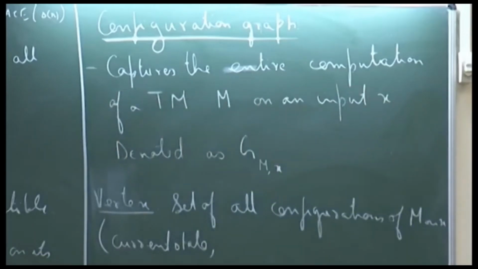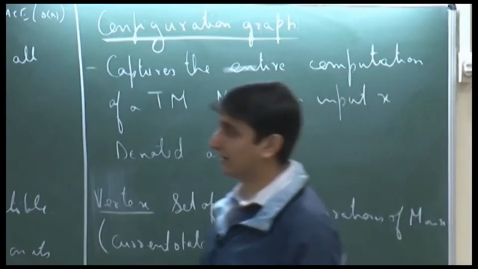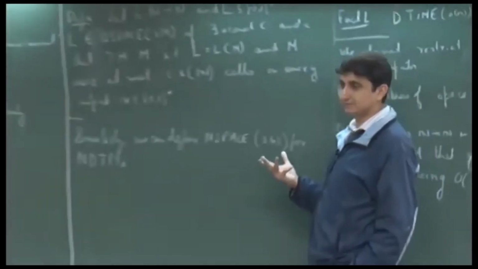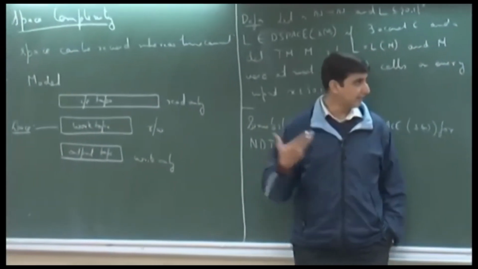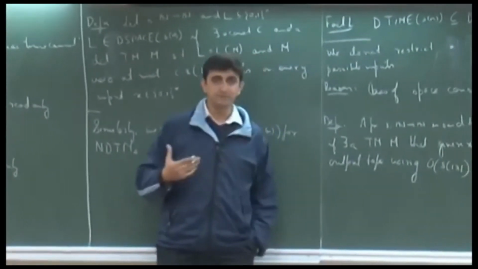It depends on the content of the work tape. We do not care about the content of the input tape, because that is fixed, since we are looking at the configuration graph with respect to a given input.